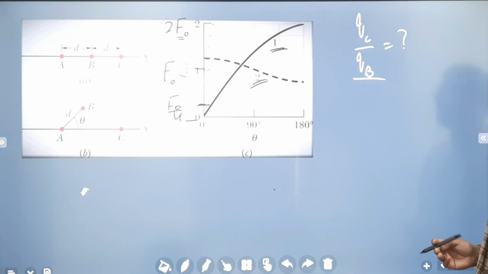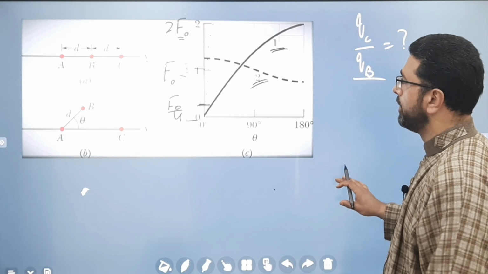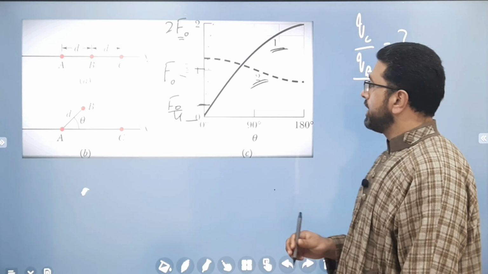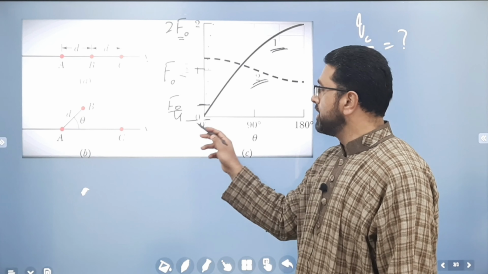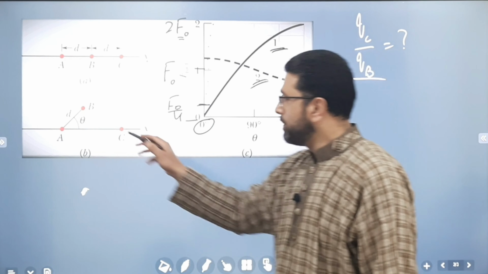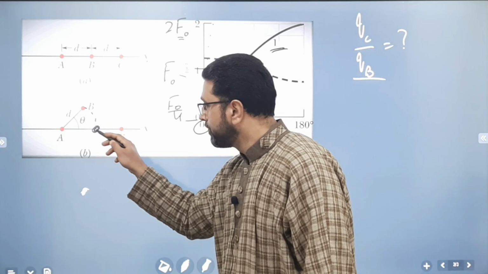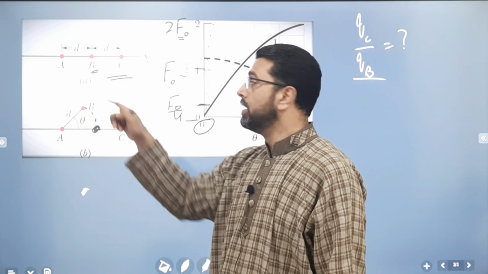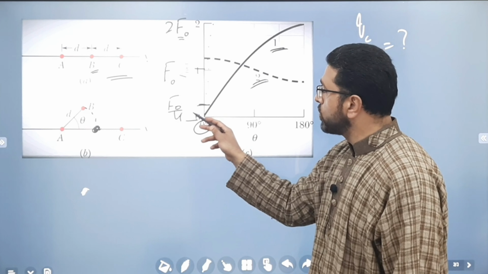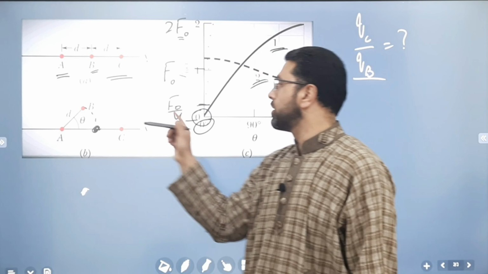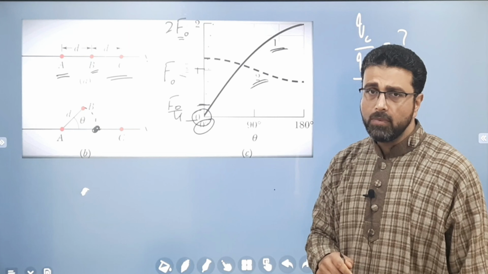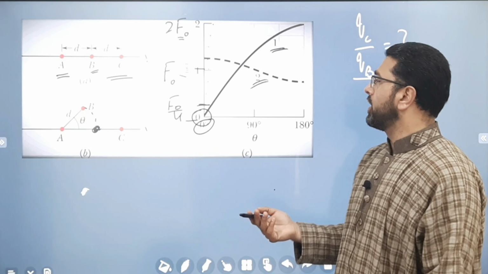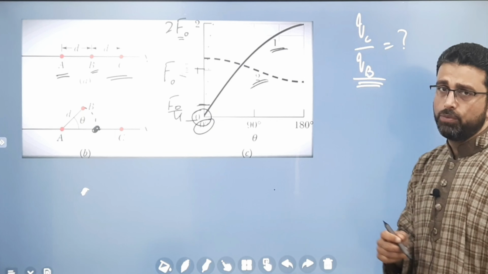Now let's deal with case 1, curve 1. Curve 1 tells you that when the angle is 0 degrees, that means when particle B is here, as shown in figure A, then the net force on particle A is 0. That is sufficient for us to find the ratio QC by QB.